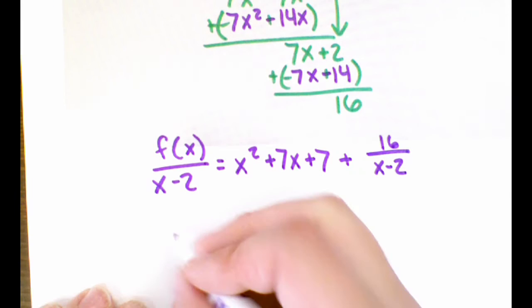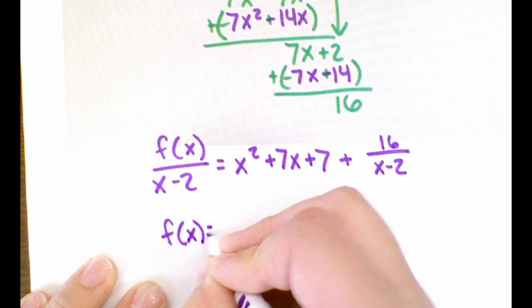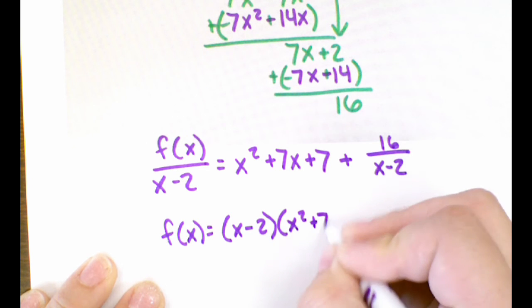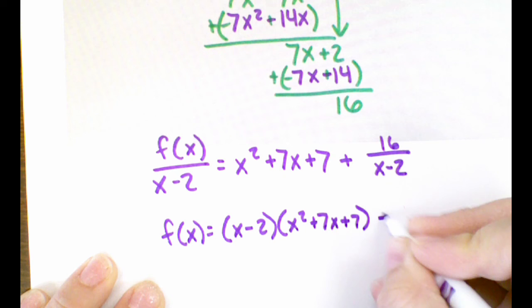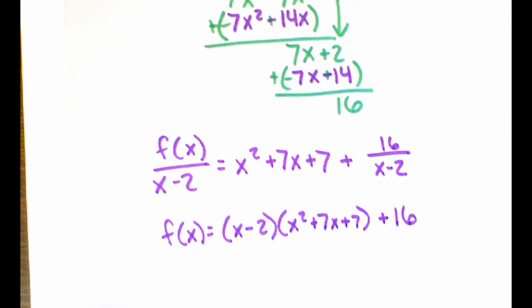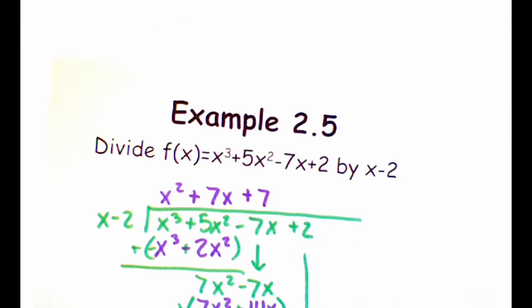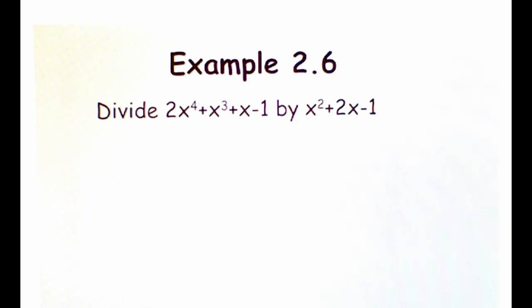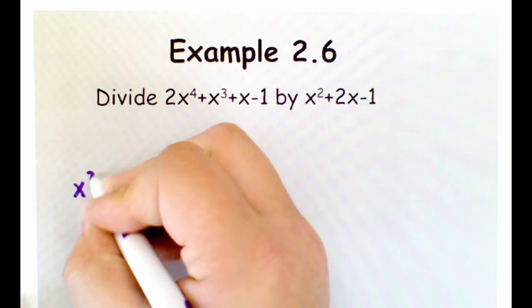I could also say f of x is equal to my divisor times my quotient plus the remainder. All right, got another one for us. Divisor out front.